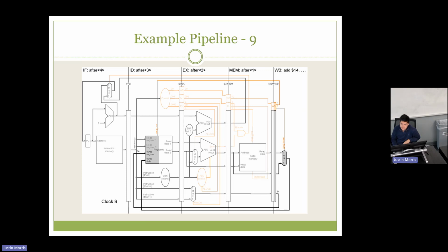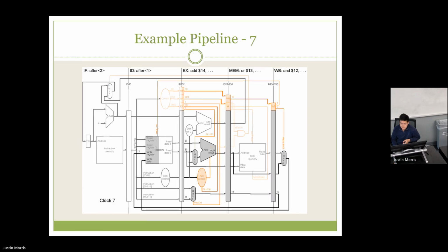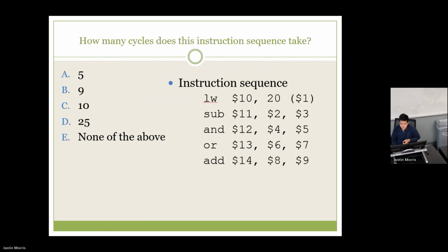So in general, if you have no data dependencies, no control dependencies, your number of cycles for a 5-stage pipeline is 4 cycles to fill, plus the instruction count, because once you're filled, you're going to finish 1 instruction every single clock.